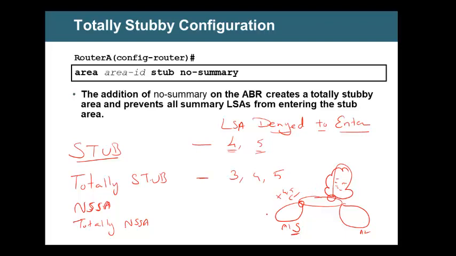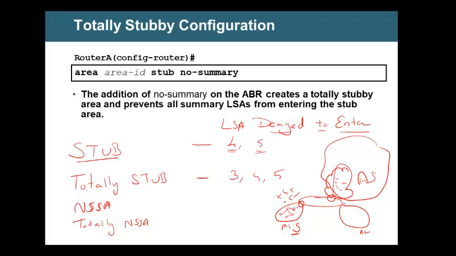Which means the area 1 routers will not know about the networks of another autonomous system like EIGRP or something, isn't it? External networks, correct. But they will be able to ping even now. How is that possible?